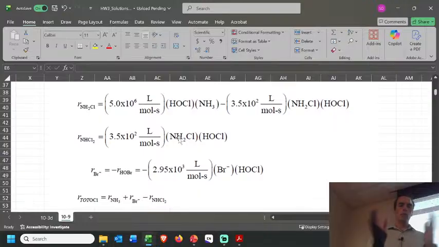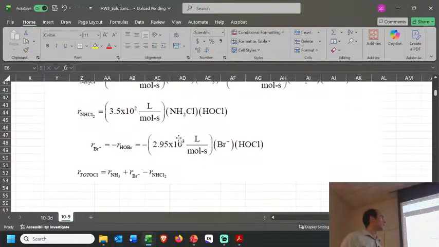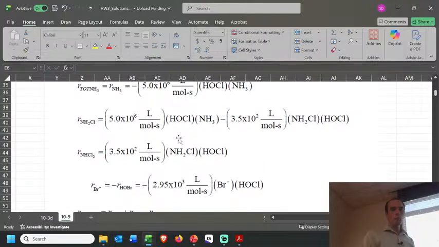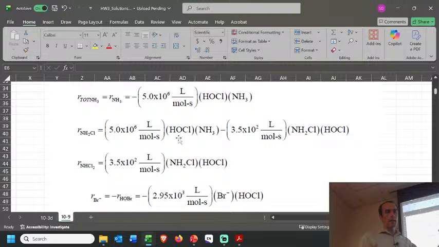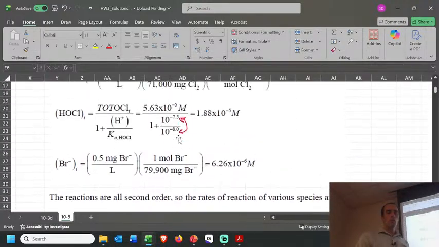We can get the rates of each component according to each of these reactions, and the total rate of chlorine change as the reaction with ammonia plus bromide and the chloramine. So for each rate, we can get a rate equation, the constant times the two concentrations involved, and so on, just like we had been doing before, and working it from there.